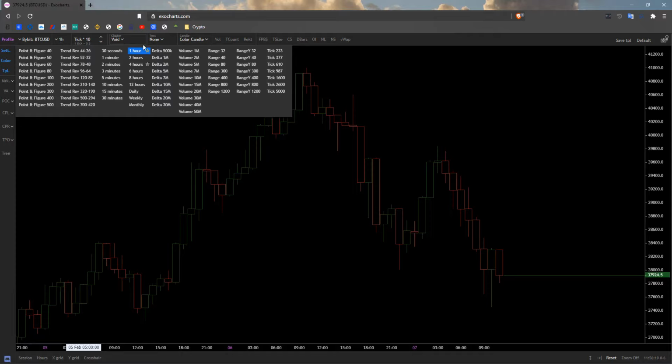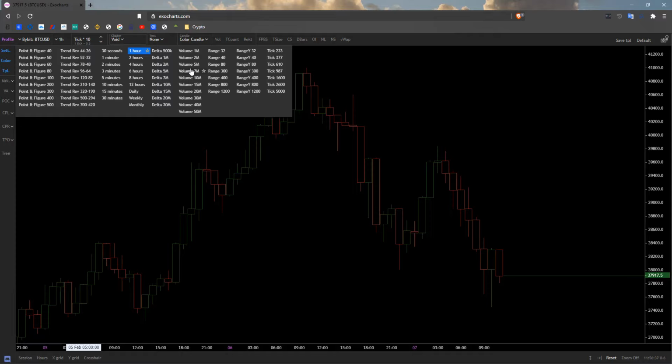Now, where we start to step away is we can, instead of worrying about time, worry about things like delta and volume or range. What that means is a candle will print every time the specified delta has happened.